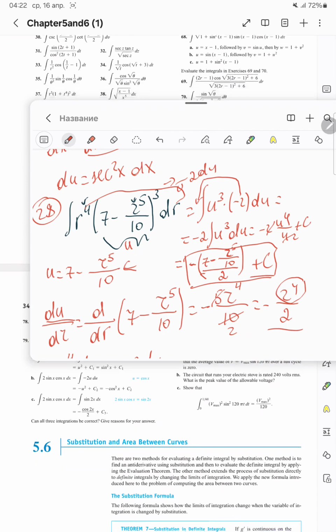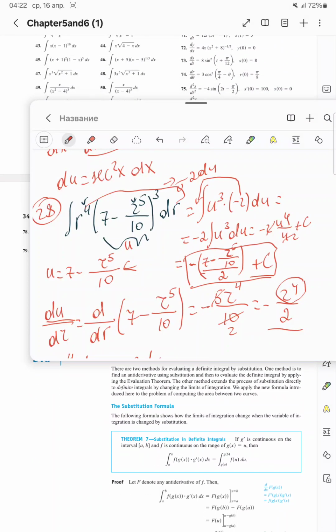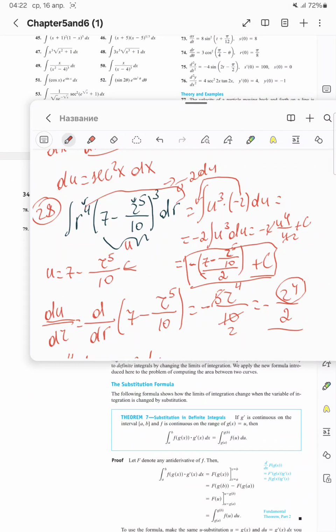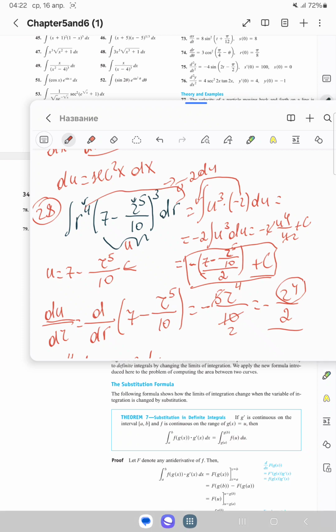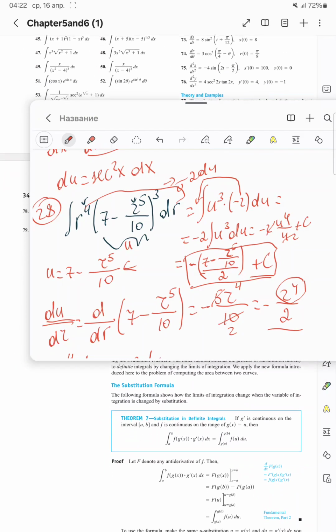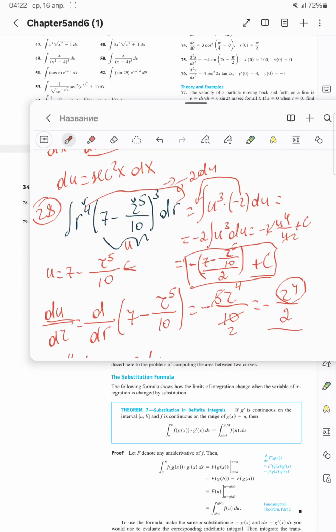Let me do another example maybe. Do I have something much more complex? I don't know. I don't think so. They're not that difficult.